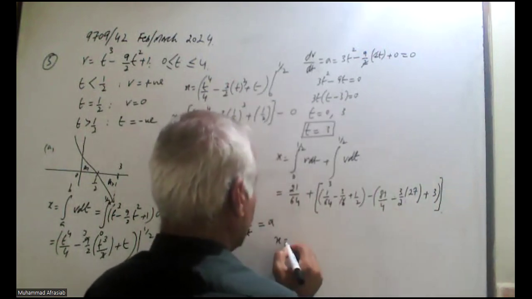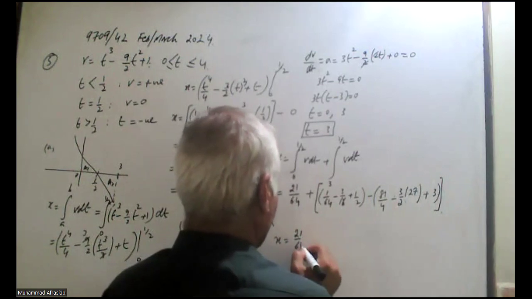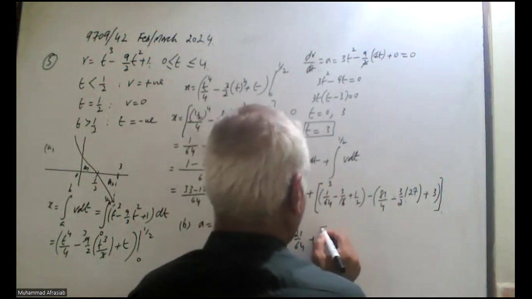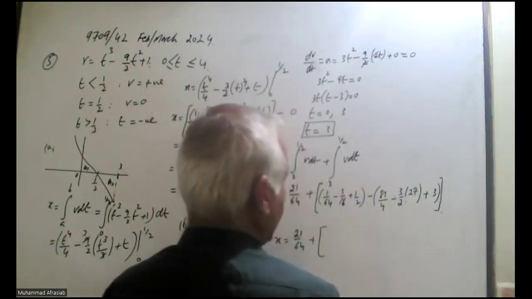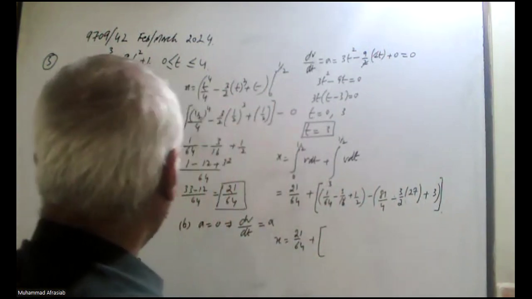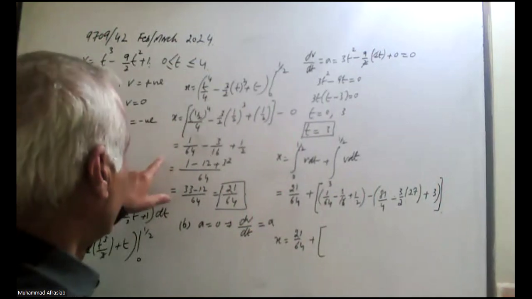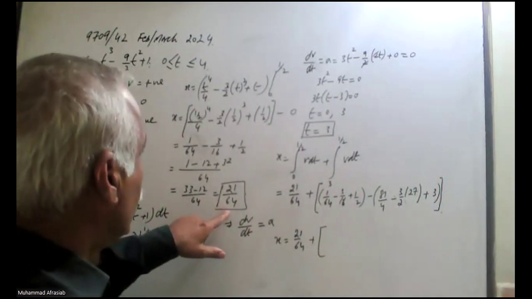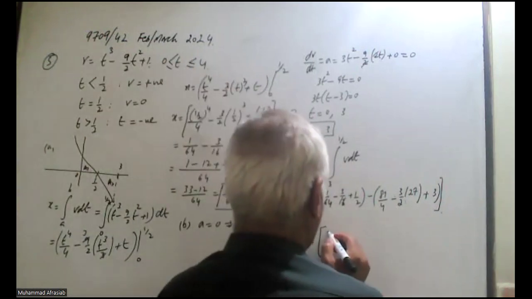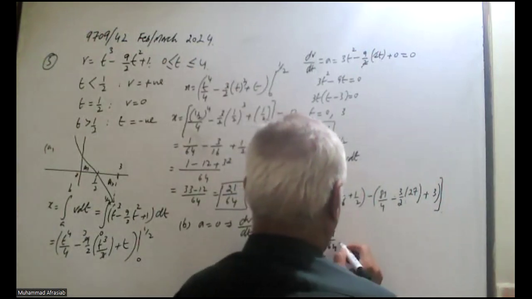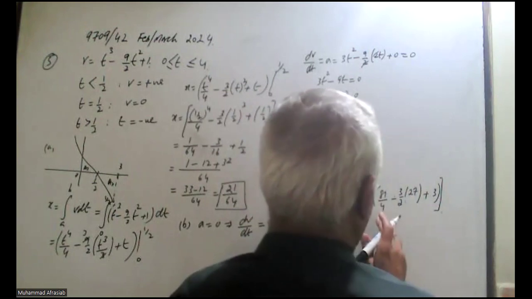So x value is equal to 21 over 64 plus 1 over 64 minus 3 over 16 plus 1 over 2. The same calculation we have done here, and that is equal to 21 over 64 minus this value, which we can calculate.